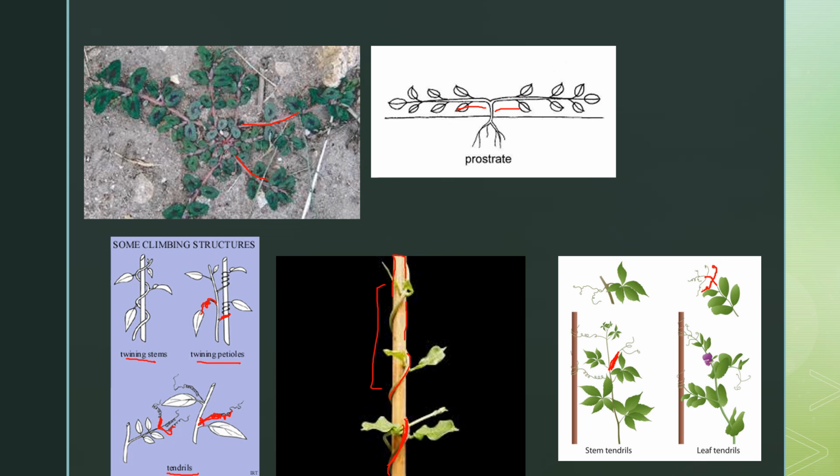As you know, the axillary bud can develop into branches, right? So if the plant needs to climb up or needs support, the axillary bud is modified to develop into a tendril to help the plant.